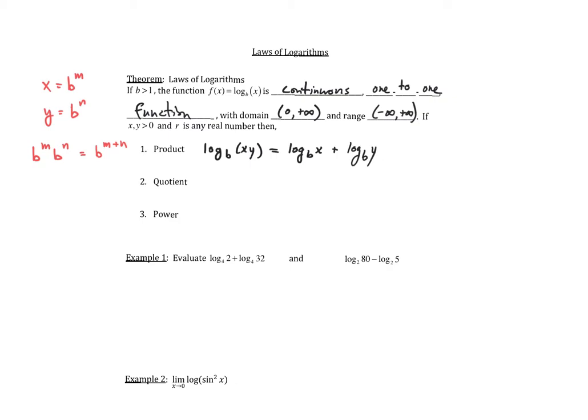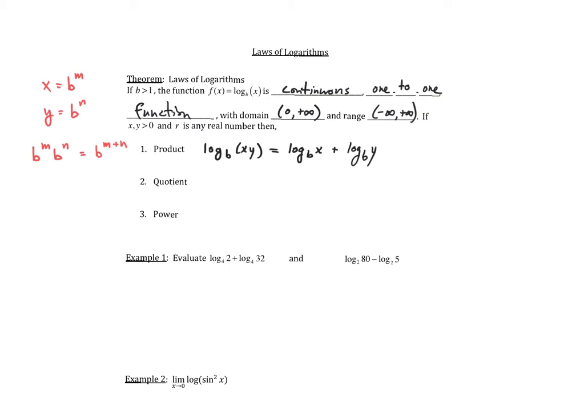Well, remember, logarithms are really exponents. So if I look at log of x times y, here I have x times y on the left side. And when I want to look at the power of that product, what this is saying is I can simply add the exponents for the x guy and the exponents for the y guy. So I simply add the m and the n together.